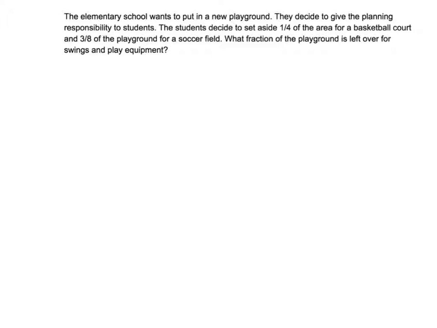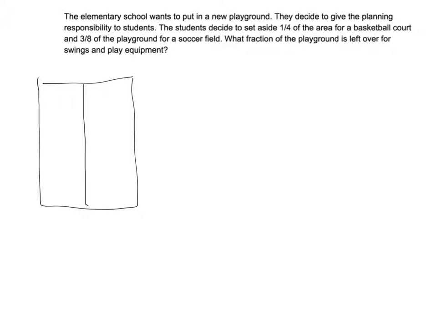Well, I think this one would be very helpful to draw a picture. So if this is our play area, and we know that 1/4 of this area is set aside for the basketball court.